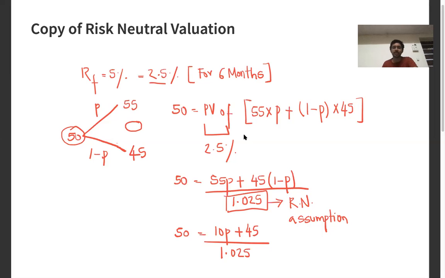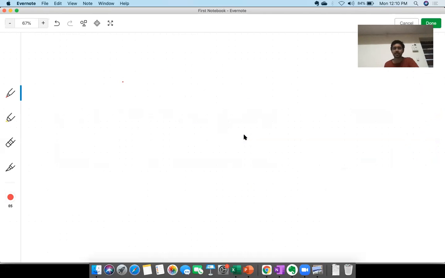Okay, so I'll just summarize it. There are two discount rates that we're talking about. One is a share, okay, and the second is the discount rate for an option.